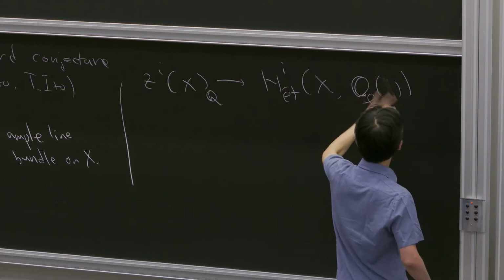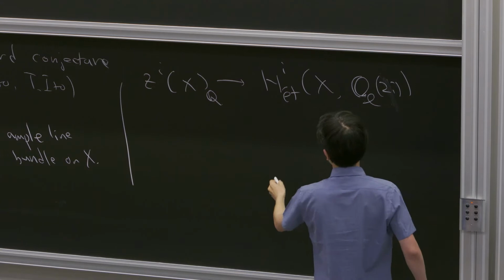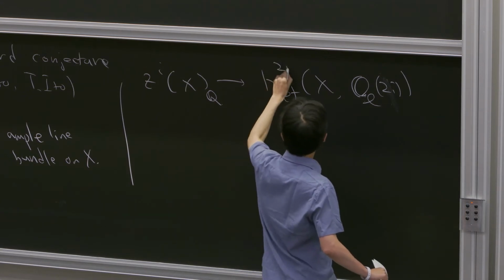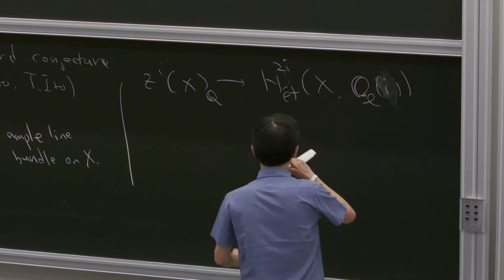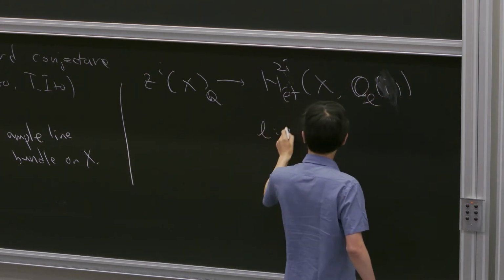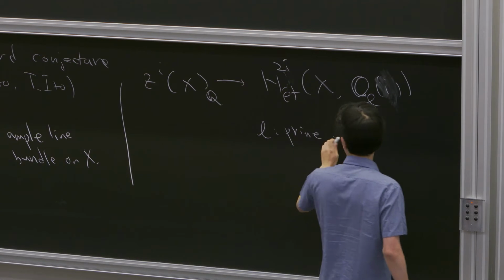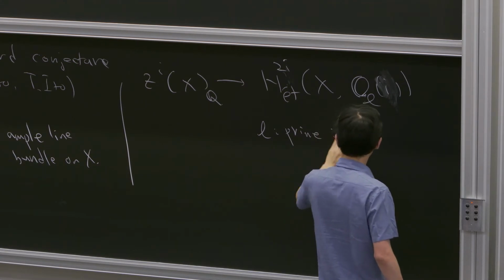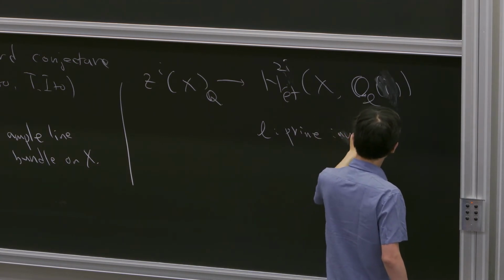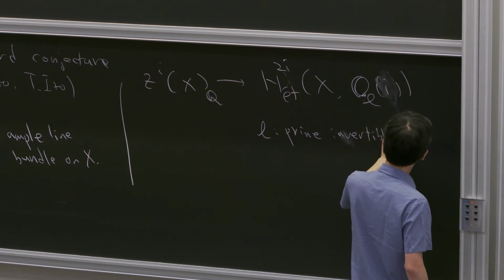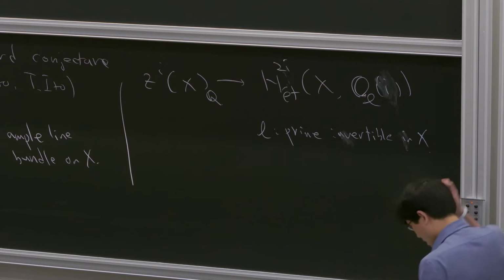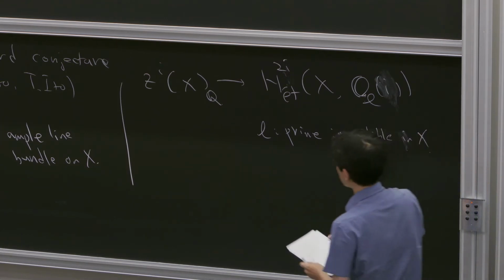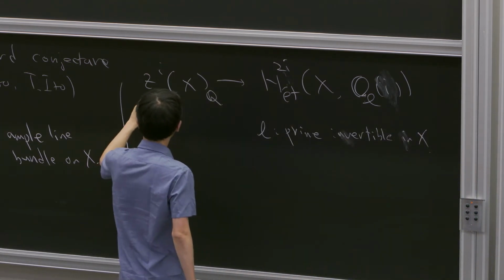And here l is some prime invertible in K. And this is a codimension i cycle.